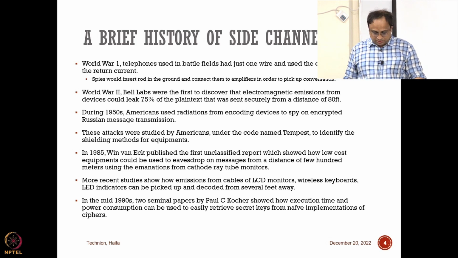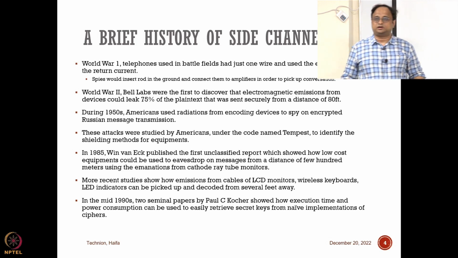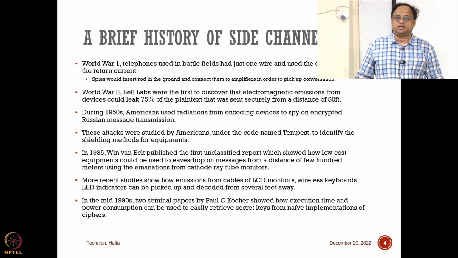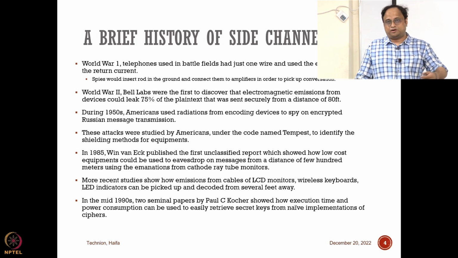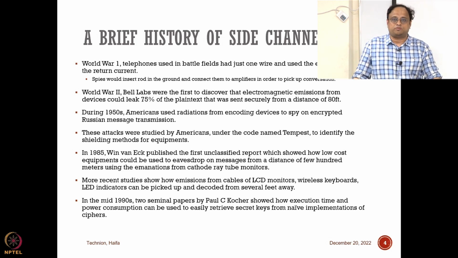These are the starting papers where Paul Kocher and his team showed how timing information can be used to break RSA, and how power information could be used to compromise RSA keys. So this would be our logical starting point to understand this subject. If I ask you about possible side channels, there are several probably.